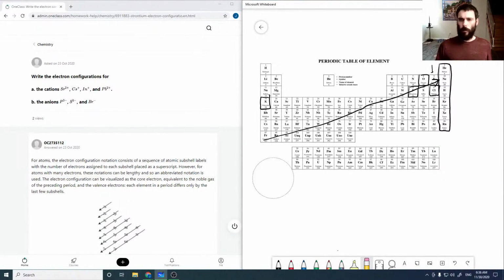Right, and so for my second question here, it wants us to write the electron configuration for a few cations and a few anions. Specifically, these are quite deep in the table here. So strontium is over here.